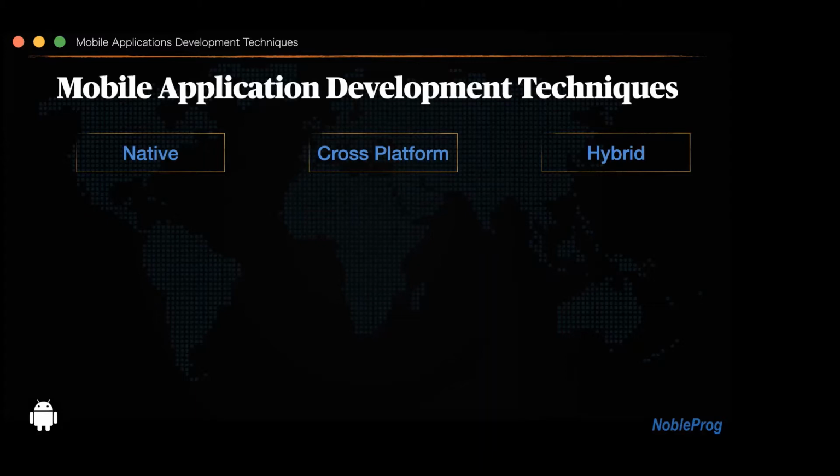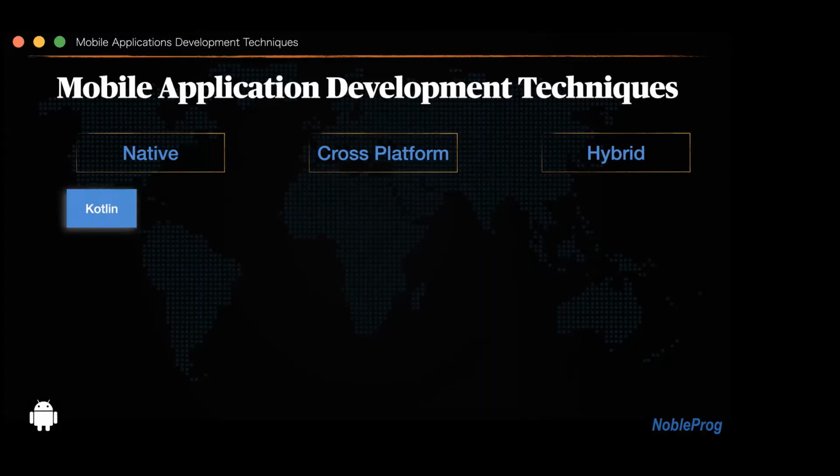So the question is, how should I select either to go for native, cross-platform, or hybrid? Let's compare these different options against different aspects. Okay, before we compare, let's see, as I told you, the difference between cross-platform and hybrid.